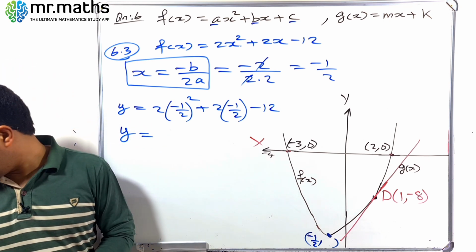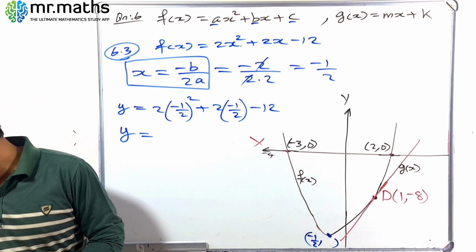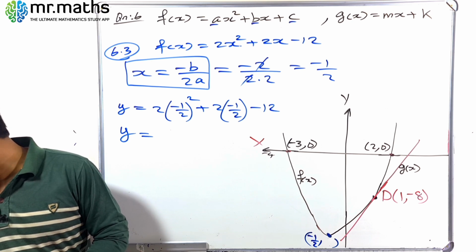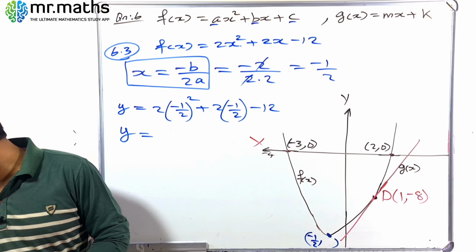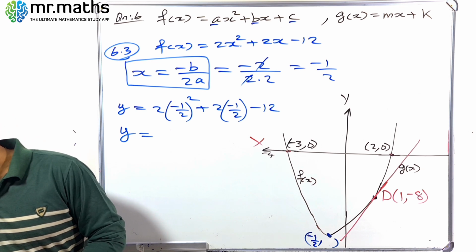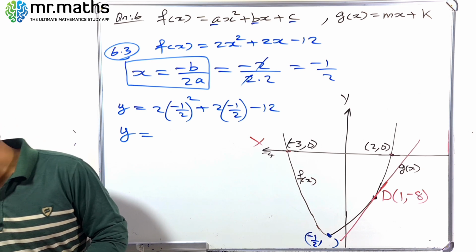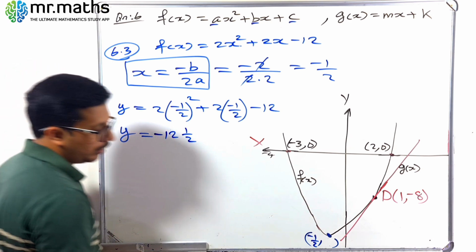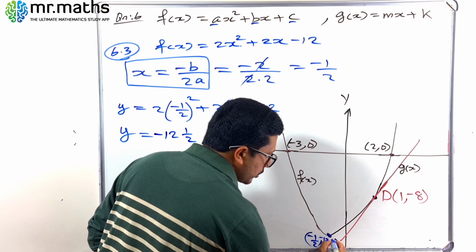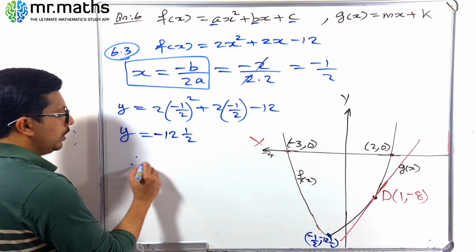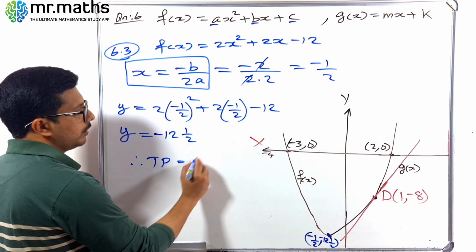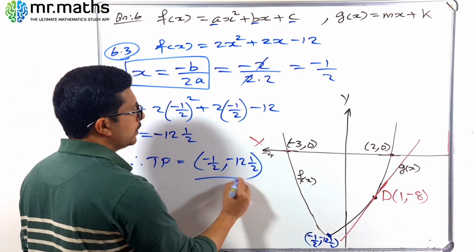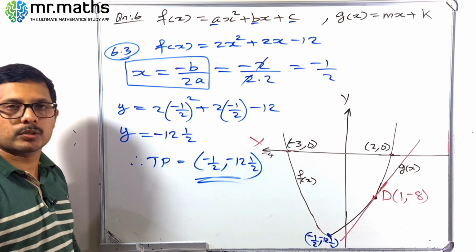In your calculator you will get minus 12 and a half. So the y value is minus 12 and a half. Therefore the turning point is minus half and minus 12 and a half. That is the answer. So that is question number 6.3.